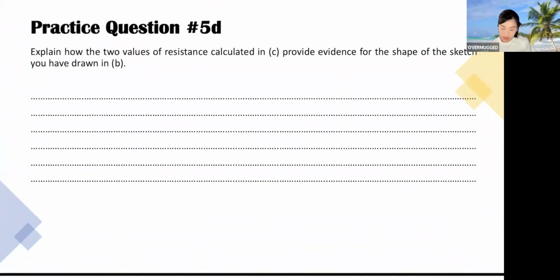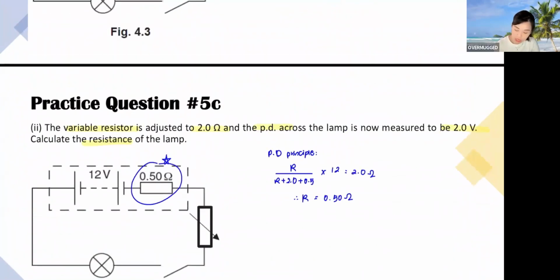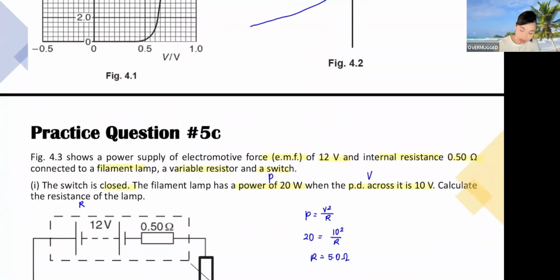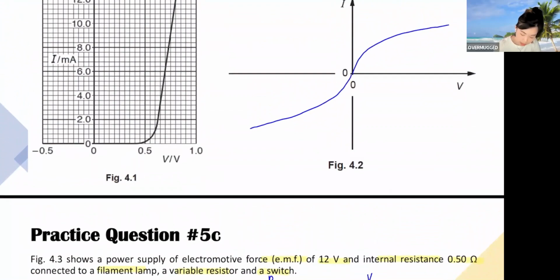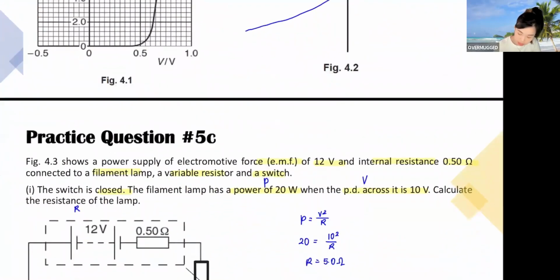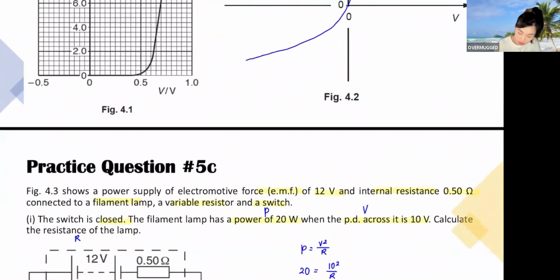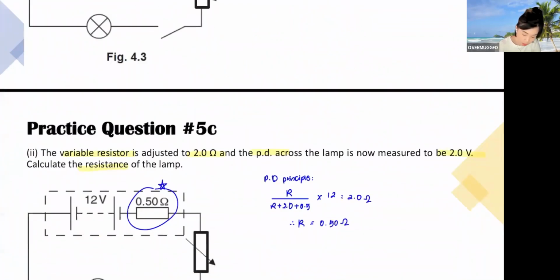Okay, then the last part, describe how the two values of resistance calculated provided evidence for the shape of the sketch you have formed. As I add in the lamp here, you'll realize that my resistance actually decreased. Okay, so that 5.0 ohm to then 0.5 ohm.